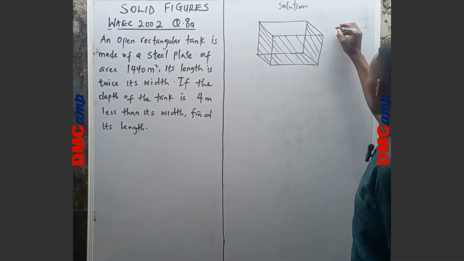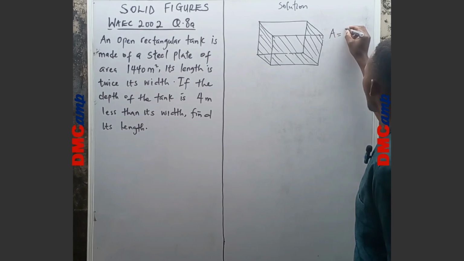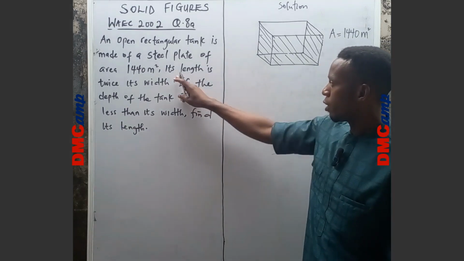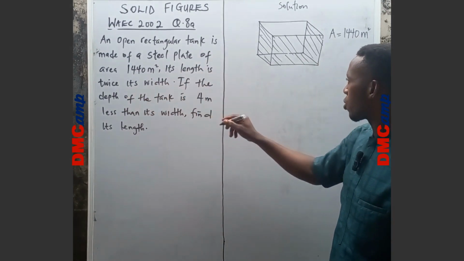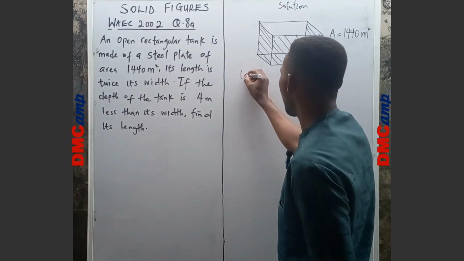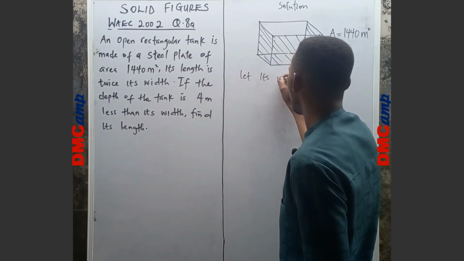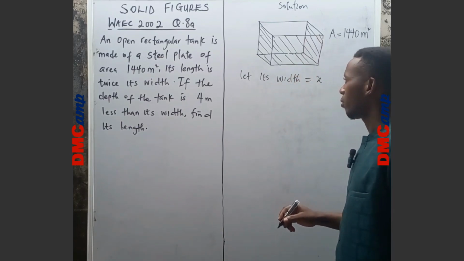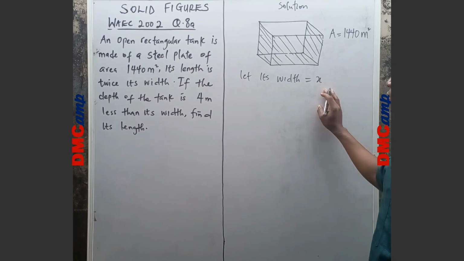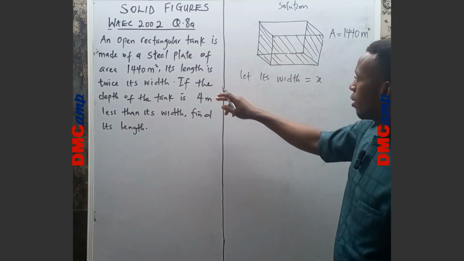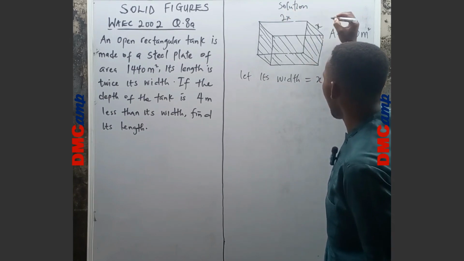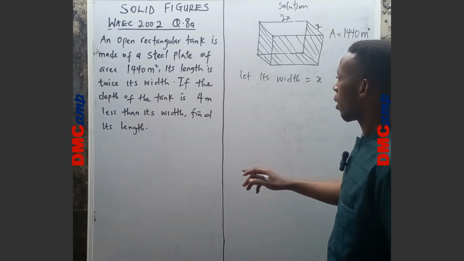The area is given to be 1440 meters square. Then its length is twice its width. So let's say its width, let it be x. Definitely the length is going to be 2x.